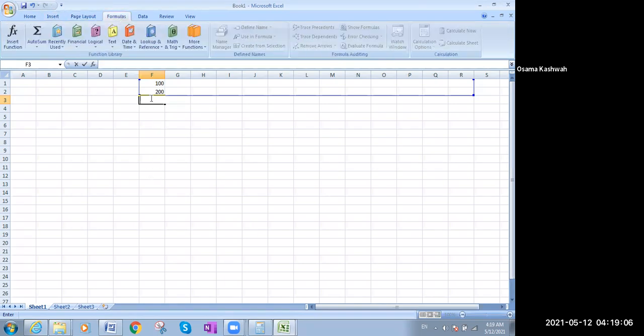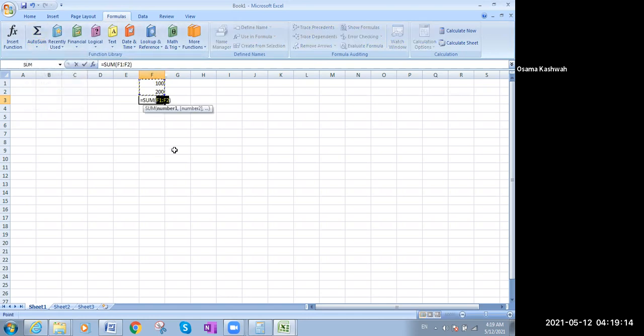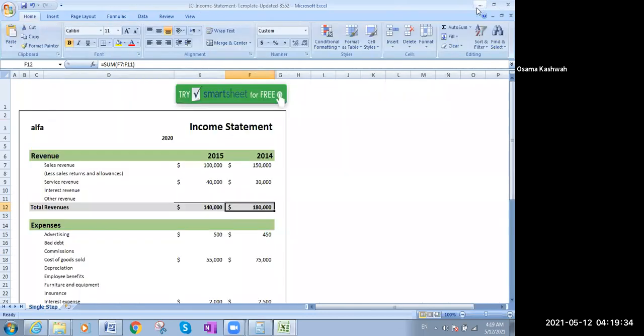I want the auto sum, then I will tell it sum. It will ask what do you want, 100 and 200, that's fine. Okay, here you got it, 300. So this is another way to calculate the sum in the Excel program. So we have two ways. I showed this before in one of the videos, please watch it back.